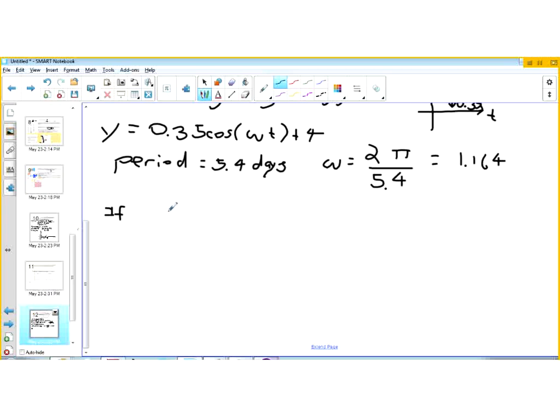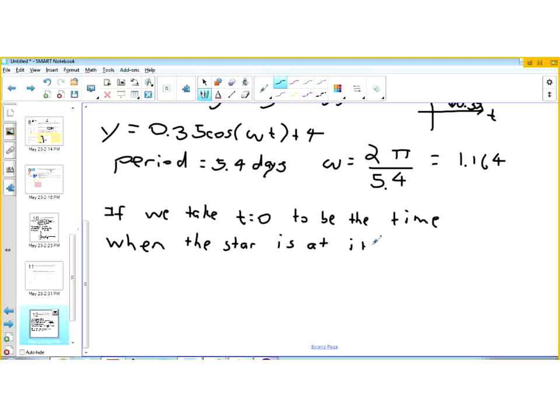If we take t equals 0 to be the time when the star is at its maximum brightness, then there is no horizontal shift.